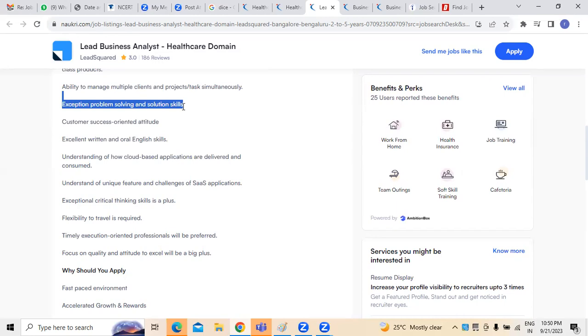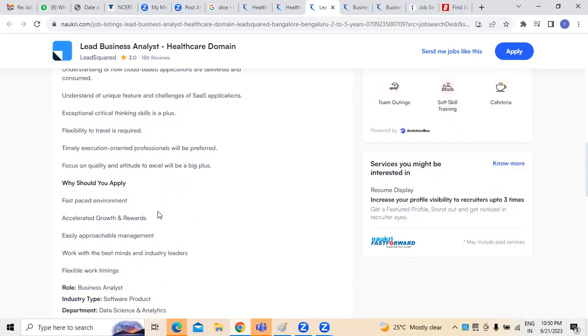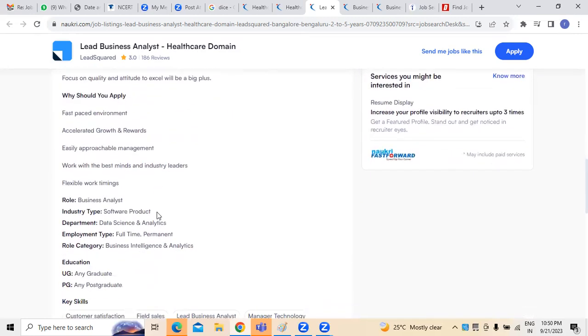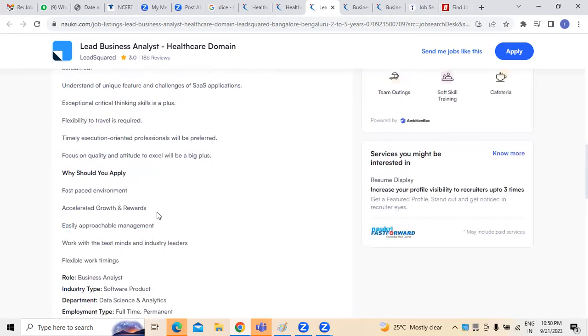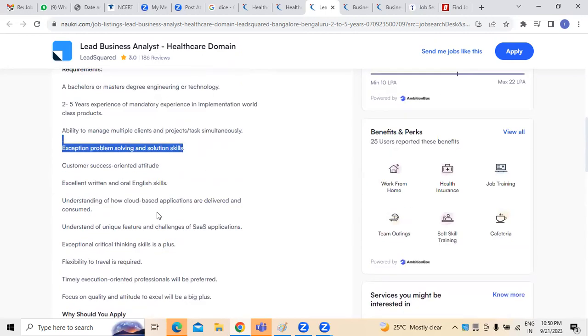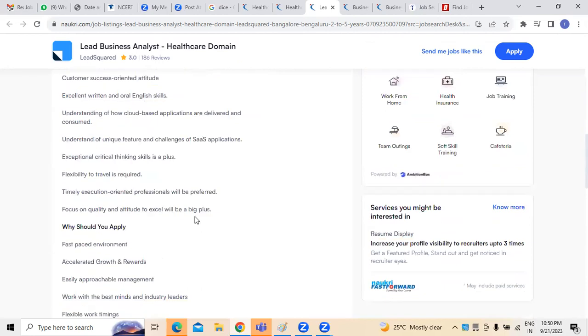So these are the common points, but they have not mentioned anything relating to healthcare separately. What they have mentioned exclusively is to understand SaaS applications, because they are expecting some application to be developed on the cloud environment.